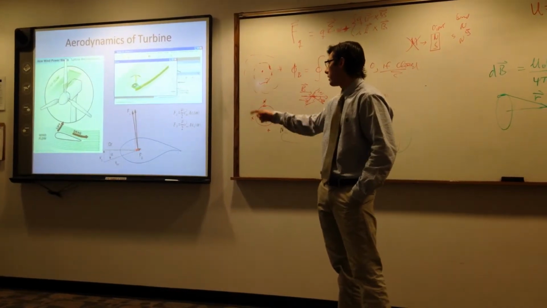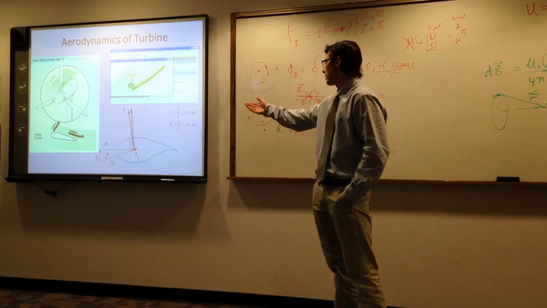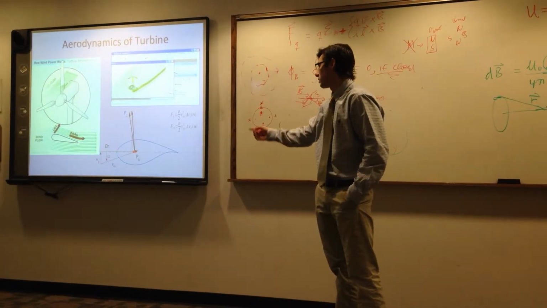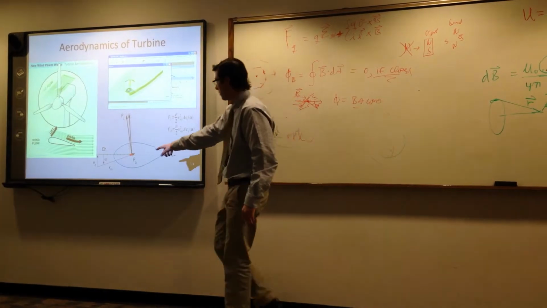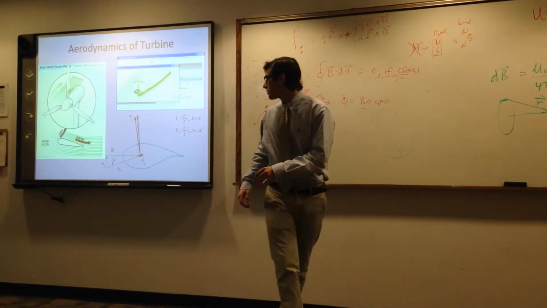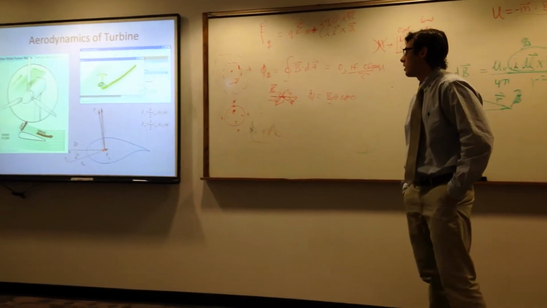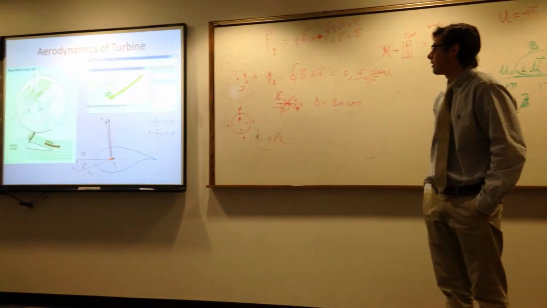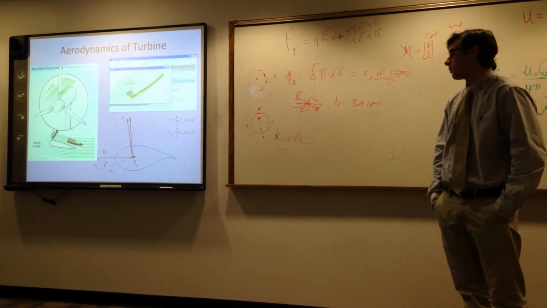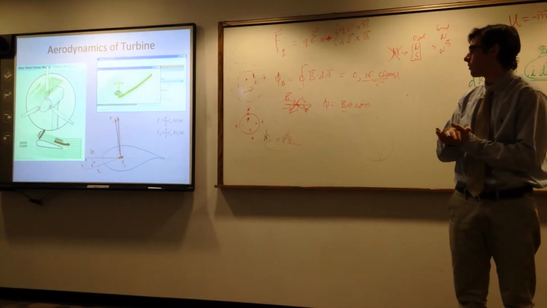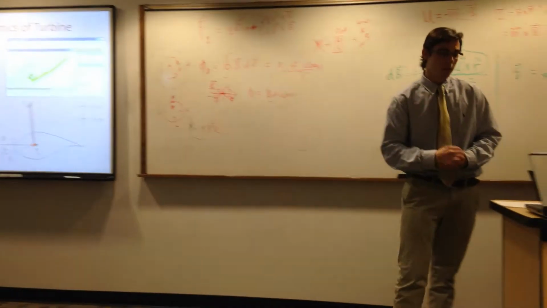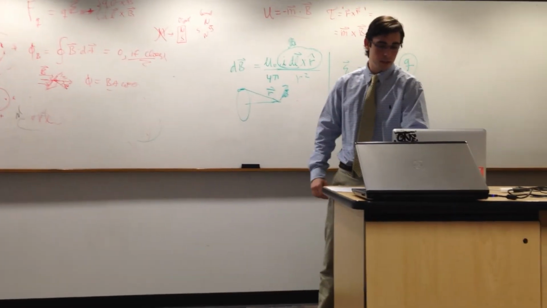And then the area here is your area of the wind times a constant of lift, or a constant of drag, and then times the angle that the wind is actually hitting the propeller, as you can see. Up top is an image of a program that is used to design these specific blades to create the most aerodynamic effect and get the most bang for your buck, really.